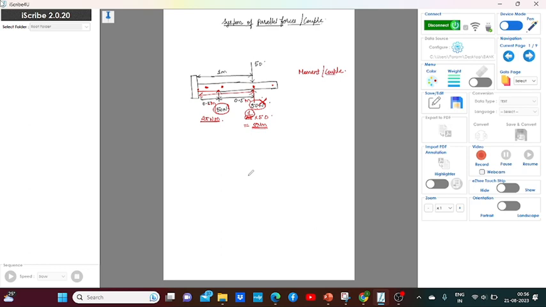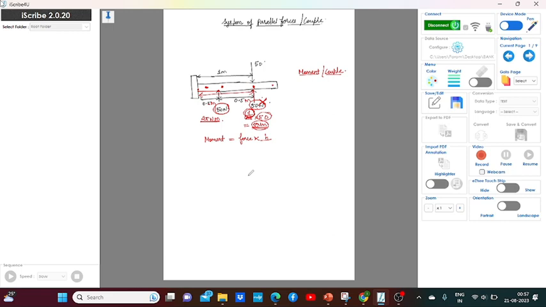So this is nothing but couple or moment. This moment or couple is nothing but force into perpendicular distance. So this couple is force into this perpendicular distance. Okay, so understood what is this couple? Couple is nothing but the ability to give turning movement.